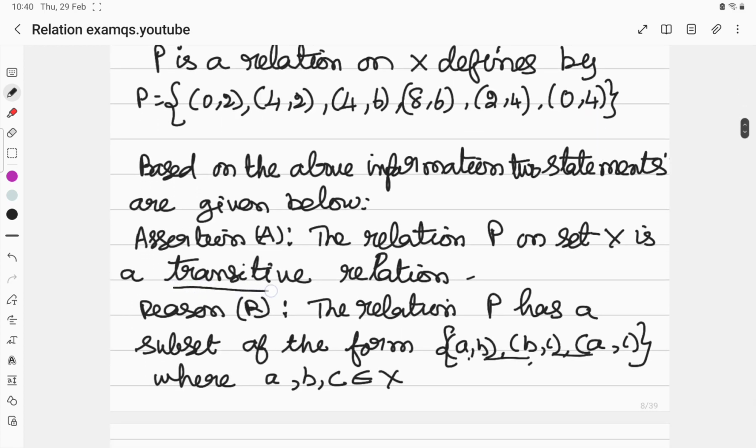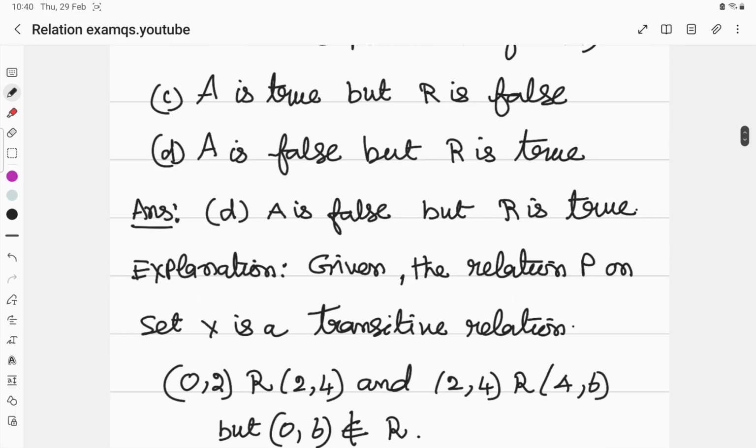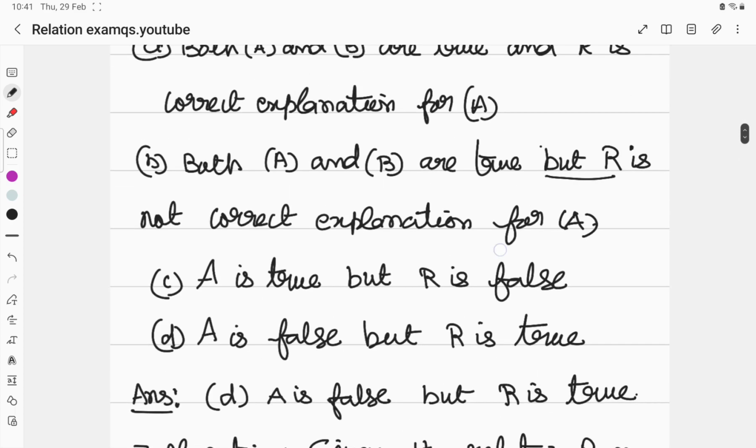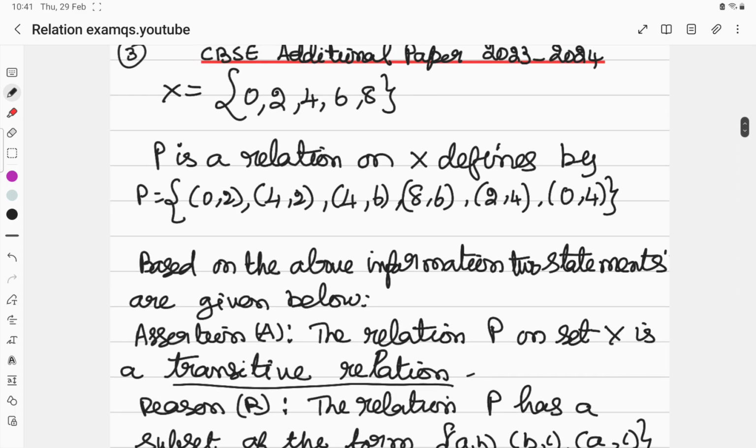If it were transitive, (0, 2) related to (2, 4) and (2, 4) related to (4, 6) would give (0, 6) related to P. But (0, 6) does not belong to P. See the set, here we have no (0, 6).